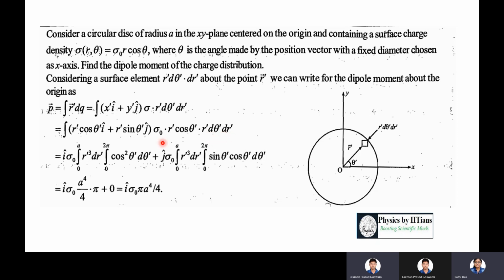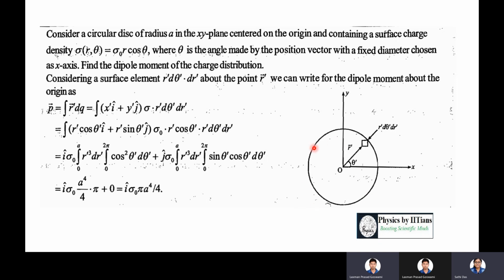So dq will be sigma into ds. For two dimensions, that is area, for the circular charge distribution we get ds, or dA, as r prime dr prime d theta prime. Now you have to put in the limits.